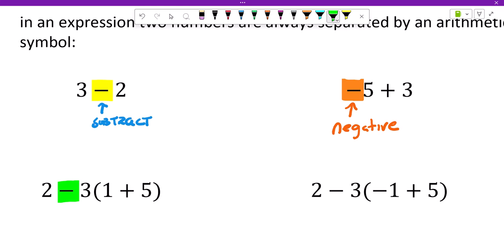Good. Your intuitions are good. Okay, we have two of them here. Let's go orange and let's go yellow. Okay. Orange dash, Jaden. Subtract. Thomas, yellow one. Negative. Correct.